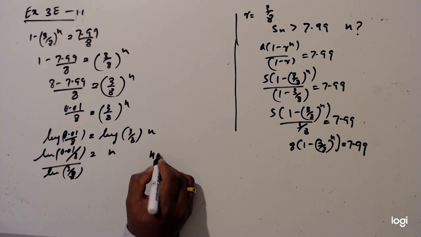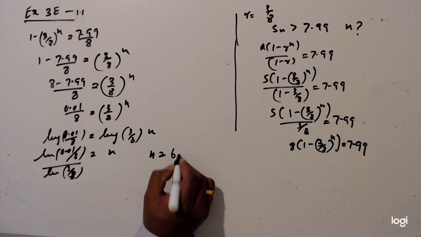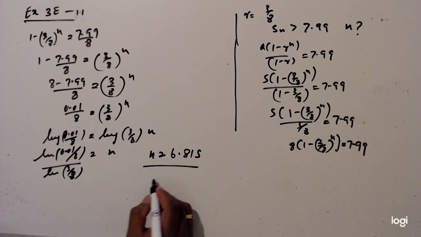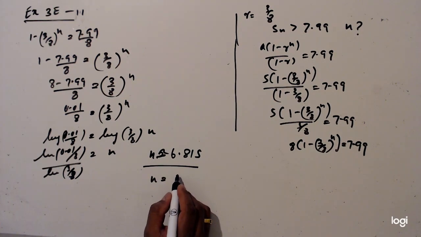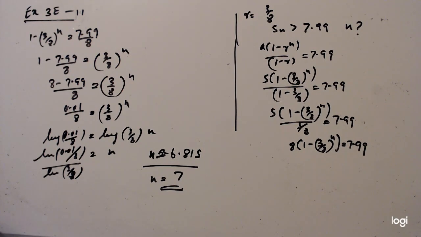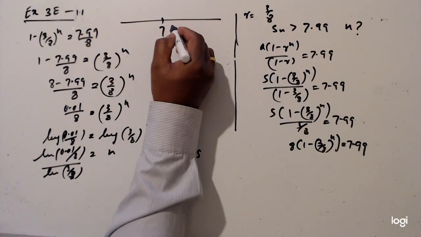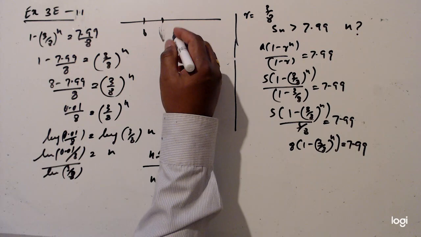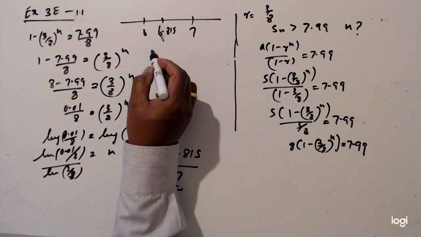So the n value you will get is approximately 6.815, and so n is 7. It means on the number line, this is 6, this is 6.815 and 7.